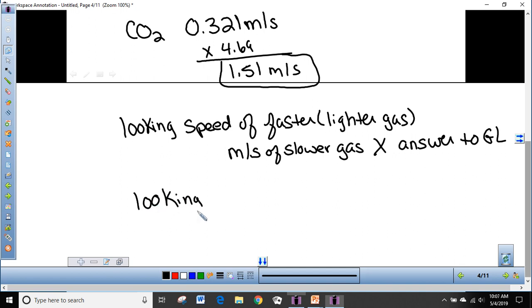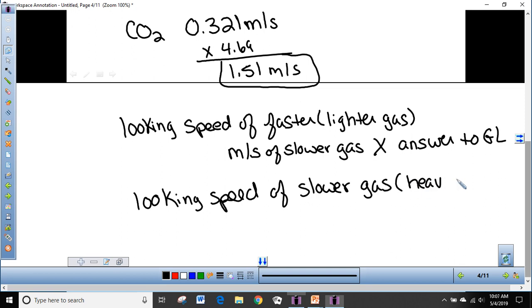So if we're looking for the speed of the slower gas, that's going to be the heavy one. So if I'm looking for the top guy's speed, the heavy gas, I'm also going to take the meters per second, but I'm going to take the meters per second of the fast gas. It would be given to us in the problem.